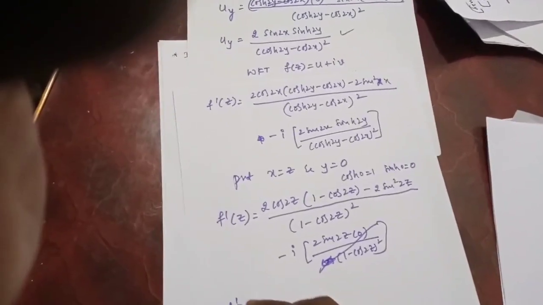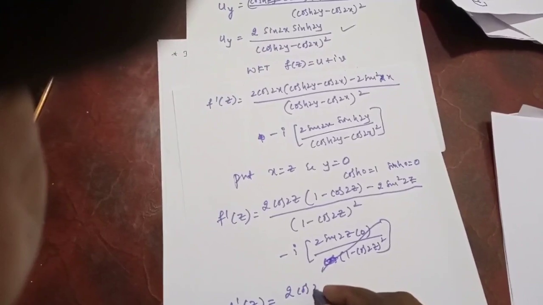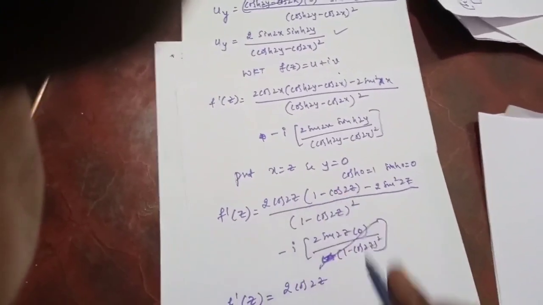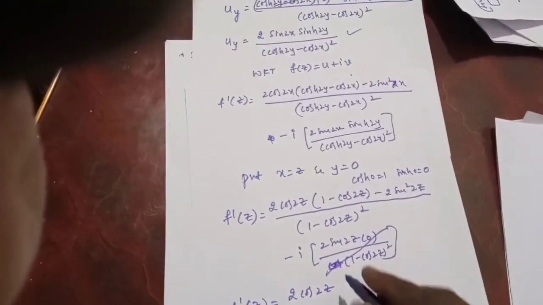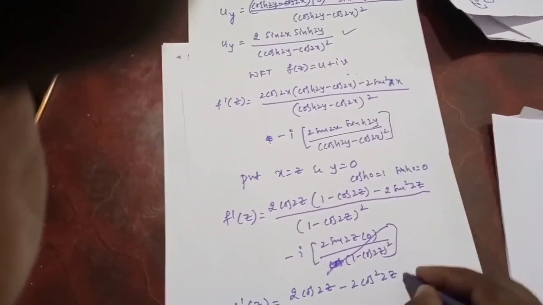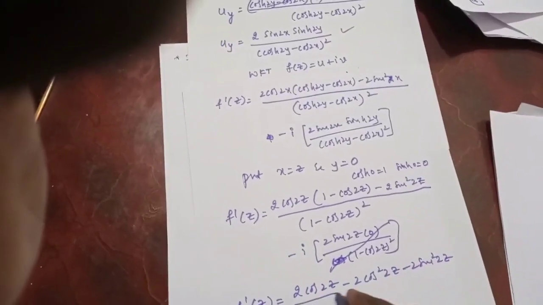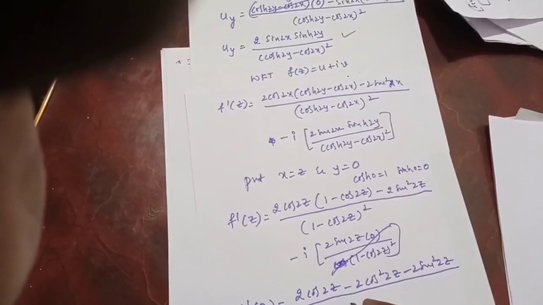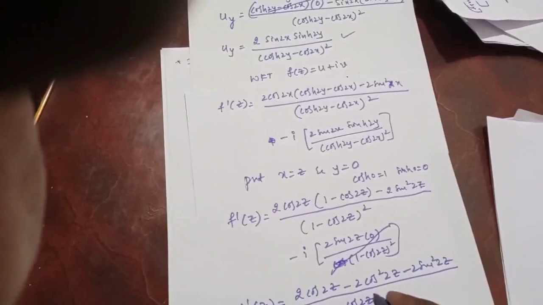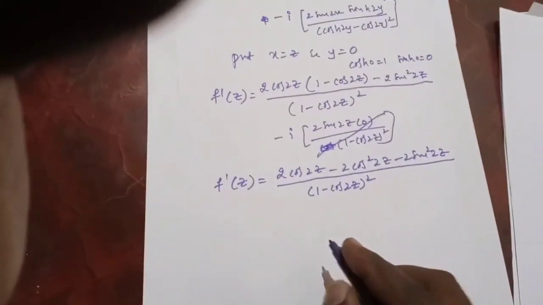We are left with f dash of z equal to 2 cos 2z into 1, 2 cos 2z minus 2 cos square 2z minus 2 sin square 2z, divided by 1 minus cos 2z whole square.